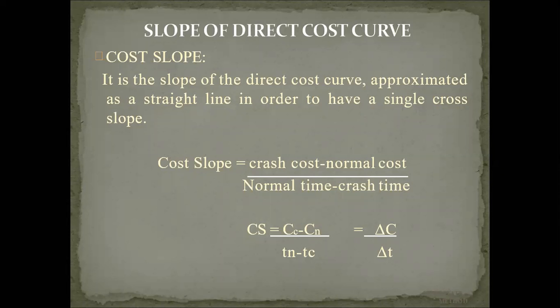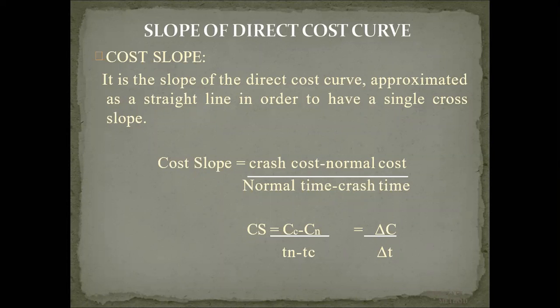Normal time is always larger, as it comes from the critical path in the network diagram. The critical path is the maximum time, so normal time is the maximum time. Normal time is 15 months and crash time is 12 months.